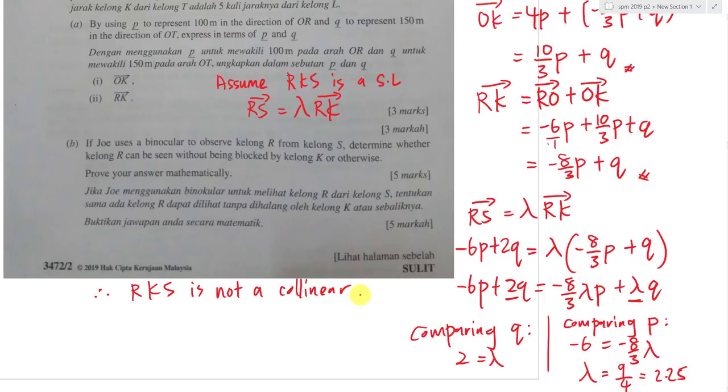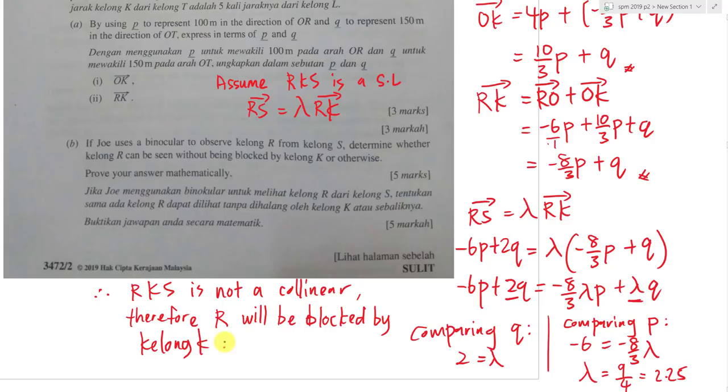Therefore, without being blocked by K, R will be blocked by K. Yeah, the definition part you can actually just do yourself.